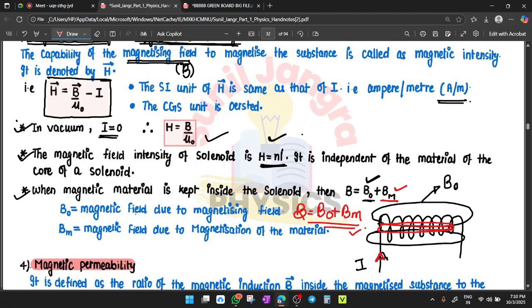So B naught equals the magnetic field or magnetic induction due to the magnetizing field, and Bm equals the magnetic field or magnetic induction due to magnetization of the material.